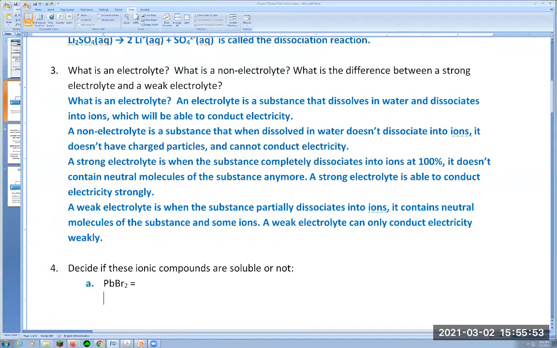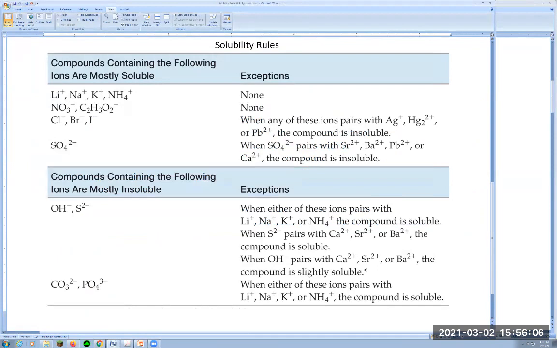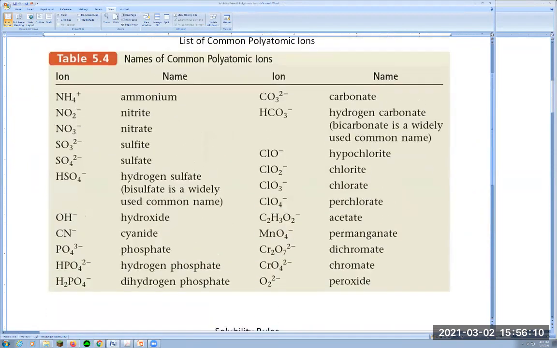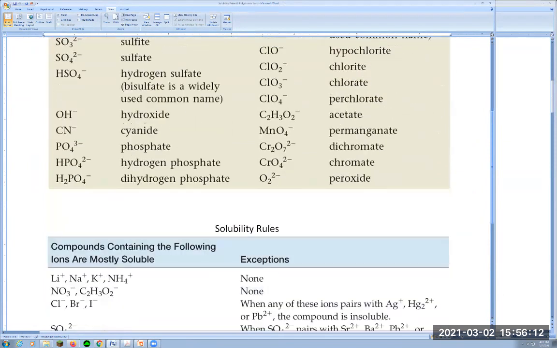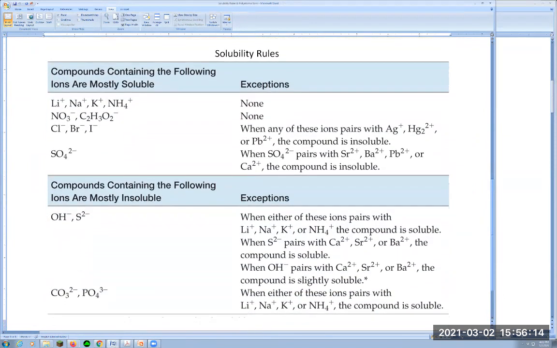So question 4: decide if these ionic compounds are soluble or not. And we will start with PbBr2. For this, you will use the solubility rules that I was showing earlier, in this document with the list of polyatomic ions. The bottom table is the solubility rules, for solubility in water.